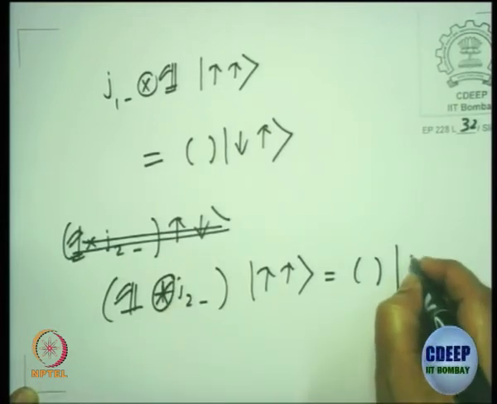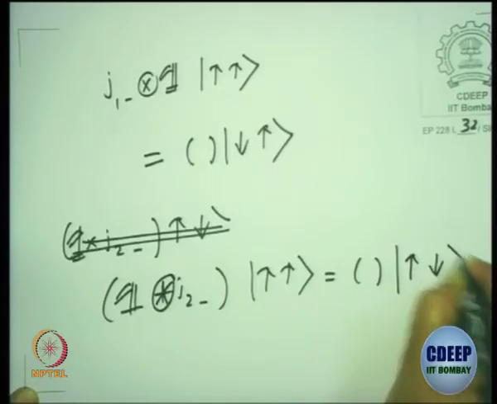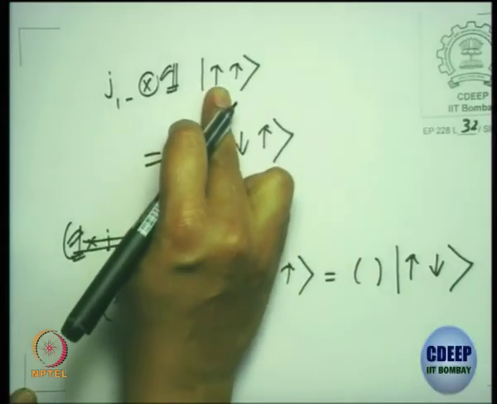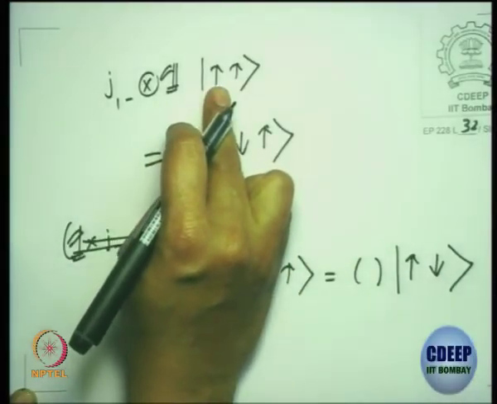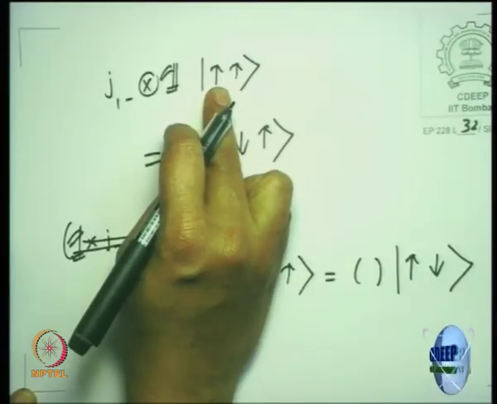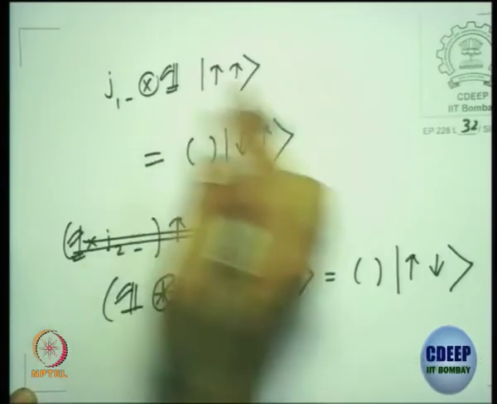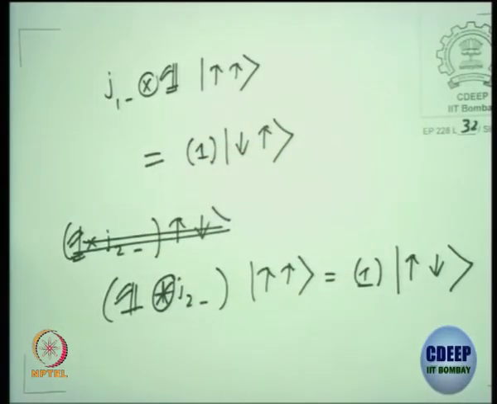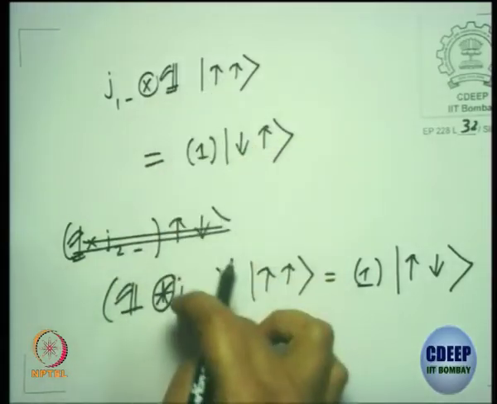What will that be? Coefficients of both are 1 because your J1 and M1 are half and half, so half plus half will be 1. Okay, so this is 1 and this is 1. But you have to sum up both.